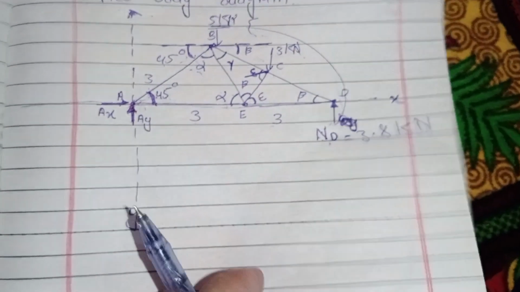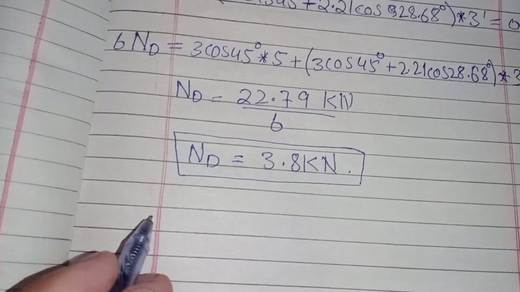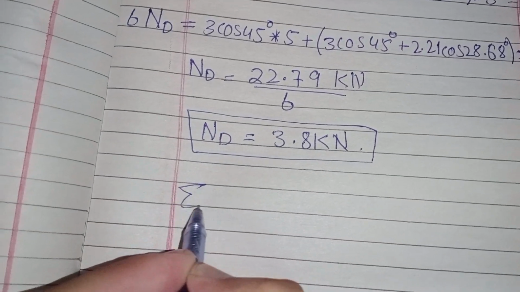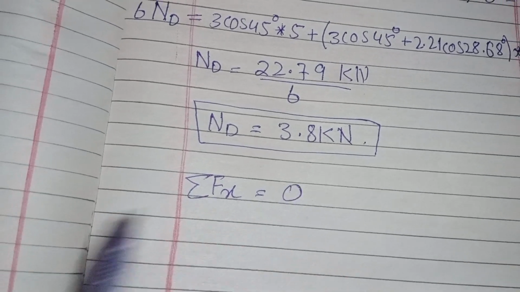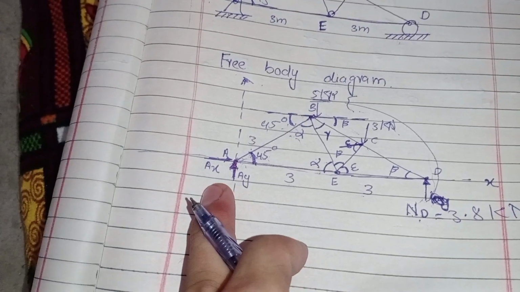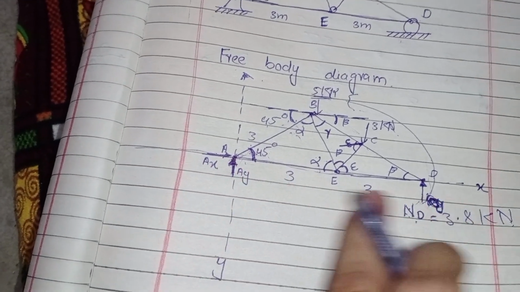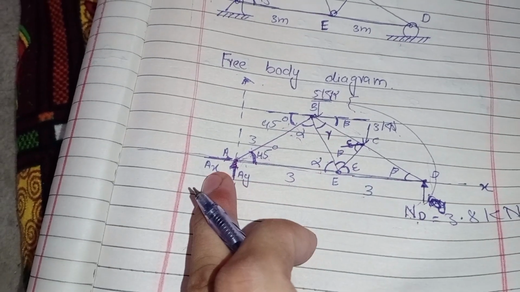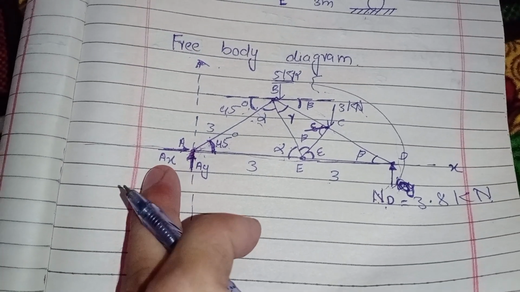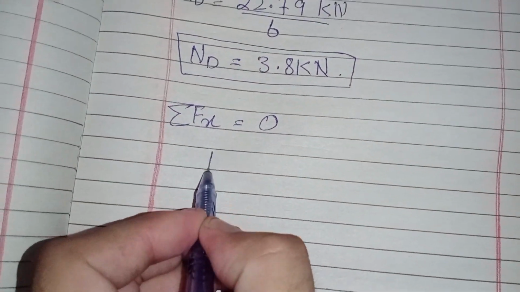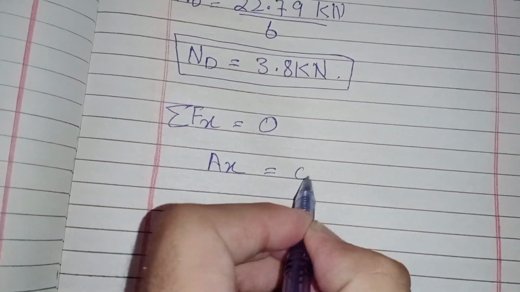Okay, now summation of Fx equal to 0. There are all horizontal forces. Summation of Fx, only Ax is here as the force, Ax equal to 0.